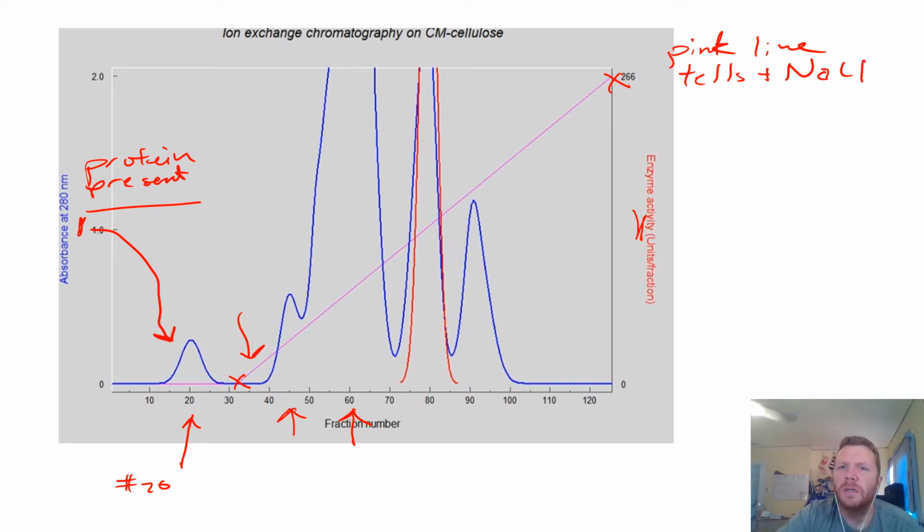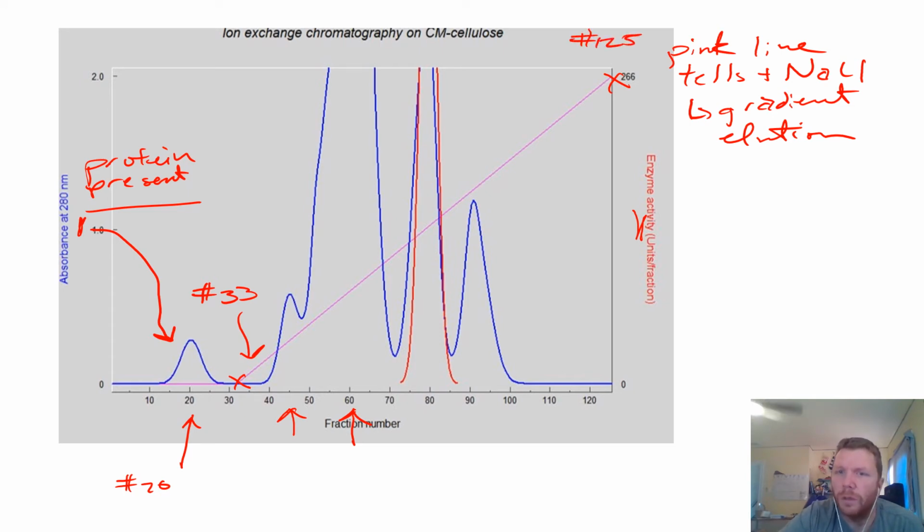And this is indicative of what's known as a gradient elution. The concentration of NaCl, starting at about fraction number 33 or so, all the way up to number 125, increased gradually.